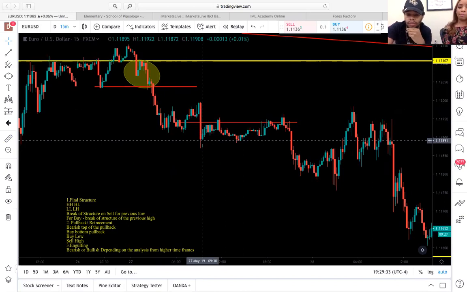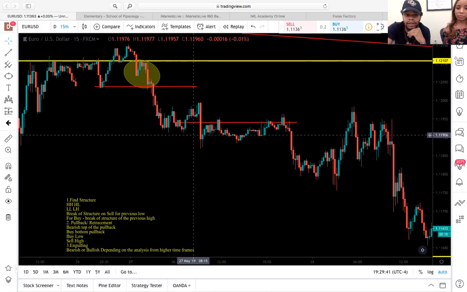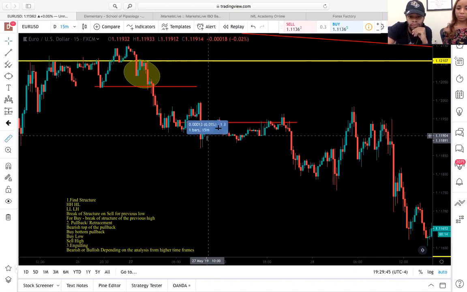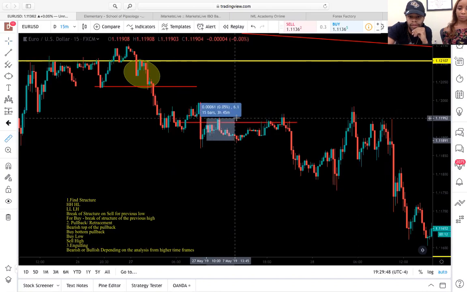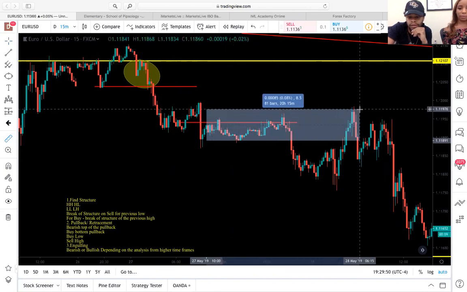You're gonna be scared that you're not gonna go straight into profit. You're gonna be in the reds for a little bit, but only for like 6 pips. It consolidated a little bit before it dropped. 8 pips, yeah, 8 pips.